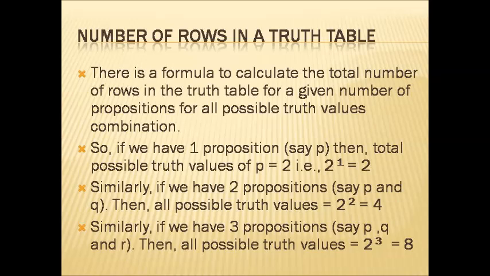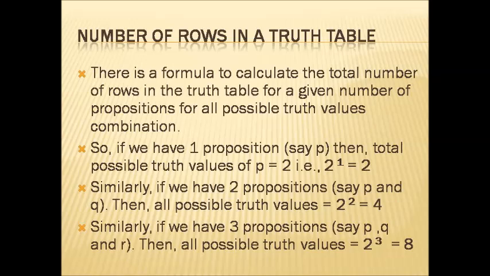Similarly, suppose we have 3 propositions, we could say the truth table may contain 2 raised to 3, 8 values. So here we are generalizing a formula for the number of rows in a truth table.